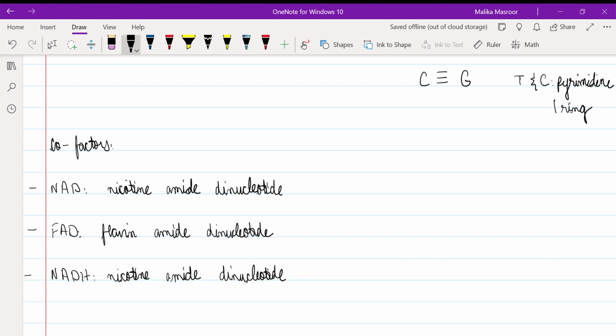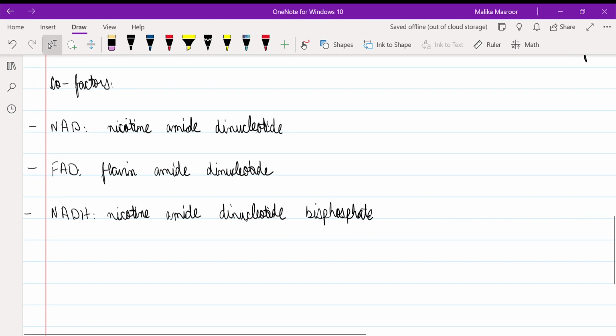Then there is bisphosphate, and this ATP is derived from AMP.